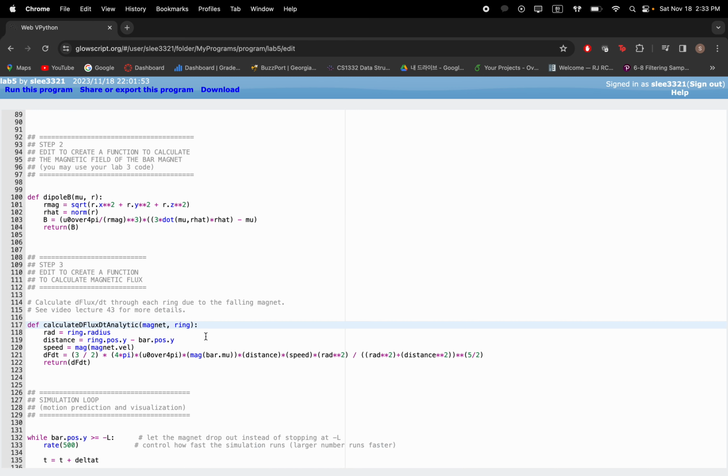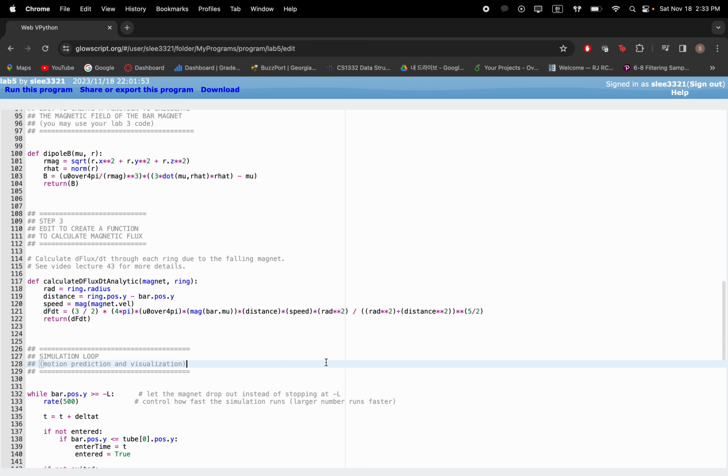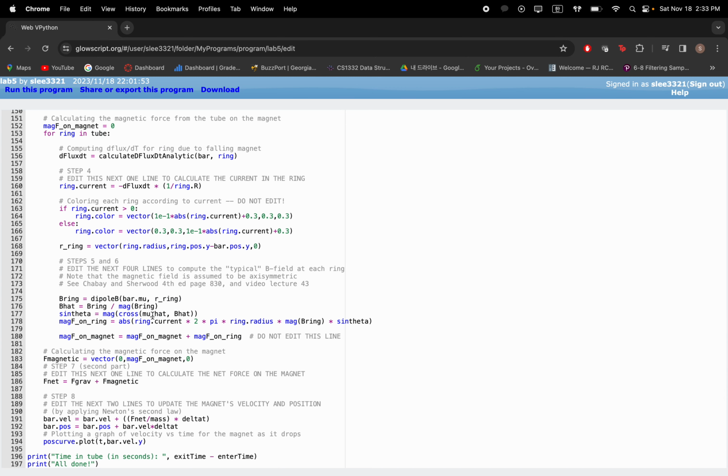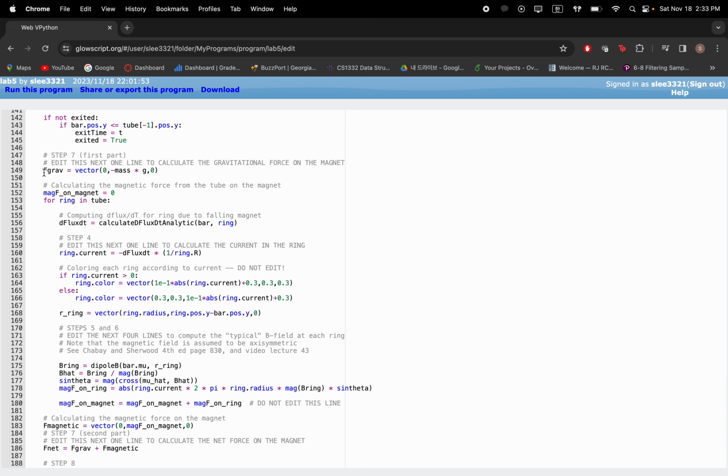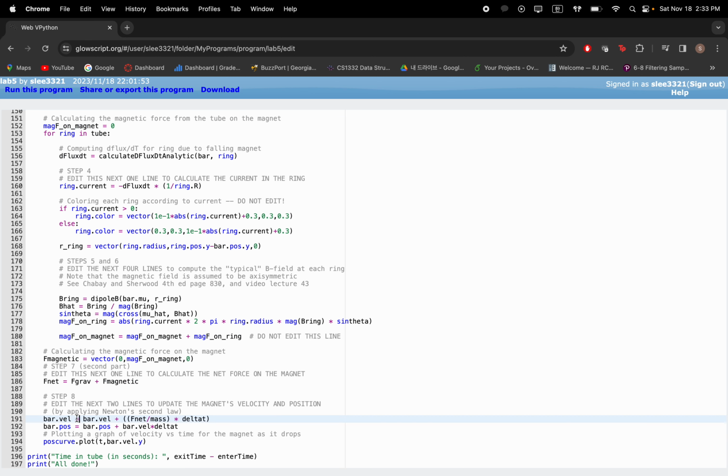This function is to calculate d flux dt analytic, which we can find in this line of code. We use the Biot-Savart law in this case. We will consider two forces, which are the gravitational force and the magnetic force on the magnet. And in these lines of code, we update the magnet's velocity and position.